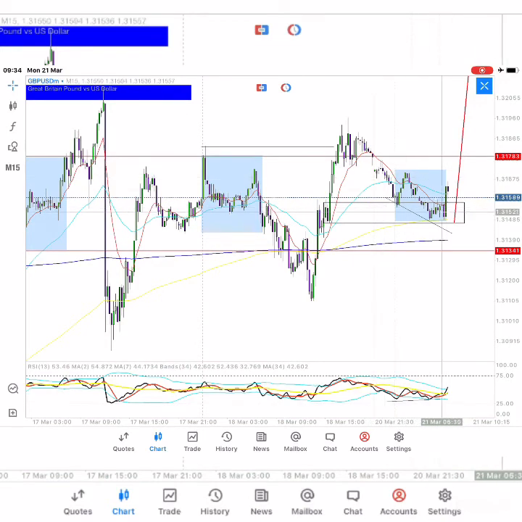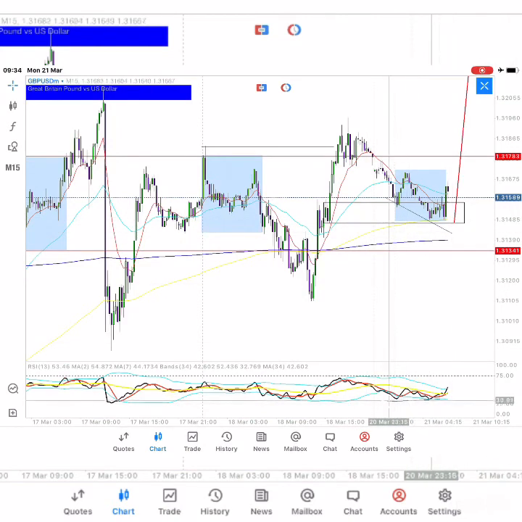As price opened today, it came down, and at London open, 9 o'clock Zimbabwean time, price pinned the Mayo, the 200 EMA, and gave us a beautiful divergence, as you can see there.